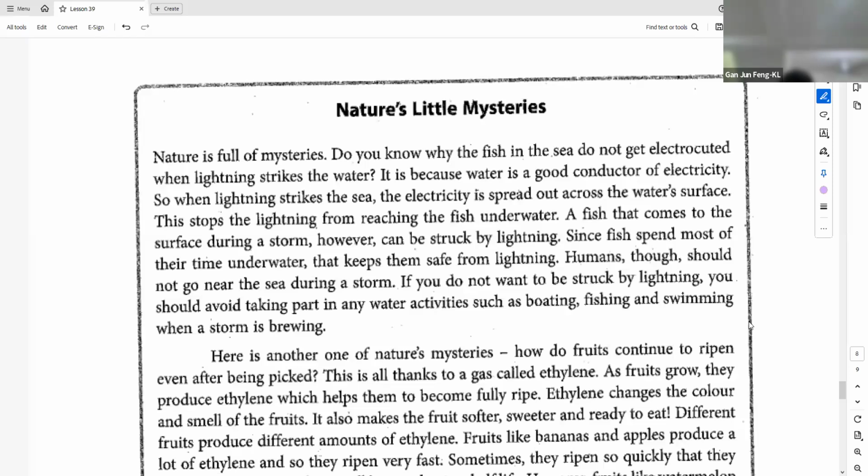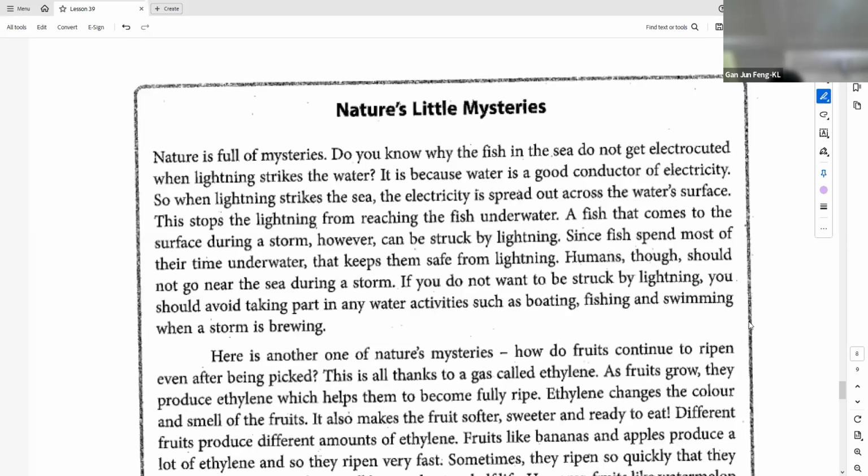Nature's Little Mysteries. Nature is full of mysteries. Do you know why the fish in the sea do not get electrocuted when lightning strikes the water? It is because water is a good conductor of electricity. So when lightning strikes the sea, the electricity is spread out across the water's surface. This stops the lightning from reaching the fish underwater.